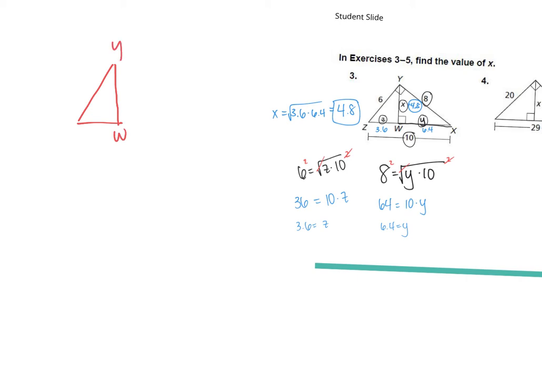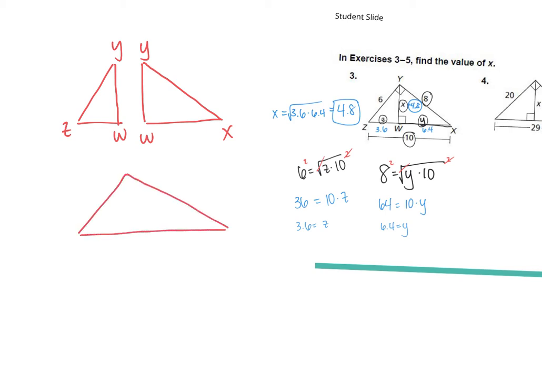W, Y, and Z. Here is W, X, Y. And then the biggest one looks like this. Here are our right angles. This is Y, this is X, and this is Z. And then let's go ahead and highlight each of the sides that are the same in the same color.